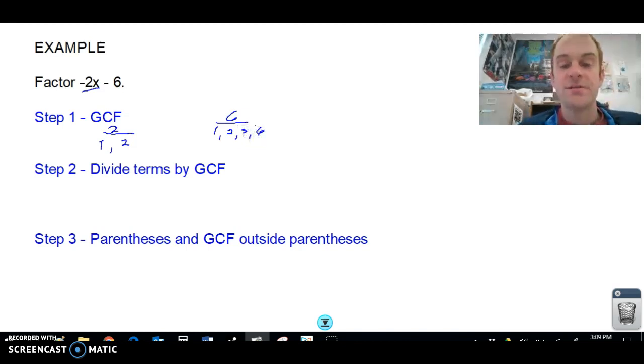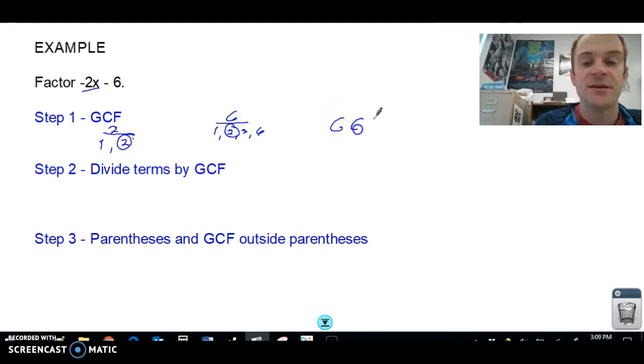Each of those gives me a whole number. So one way to do it is to make a list of all the factors, all the numbers I can divide my term by, and then see what's the biggest number they have in common. Both can be divided by 2.